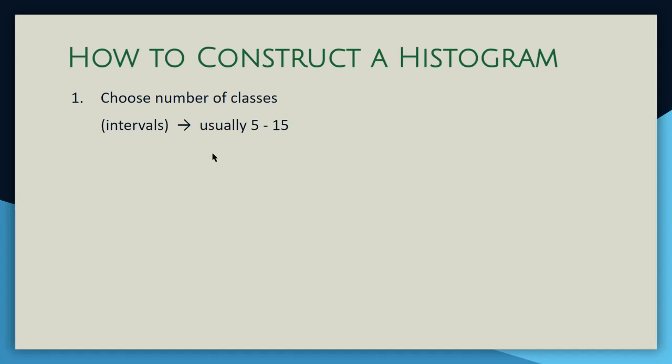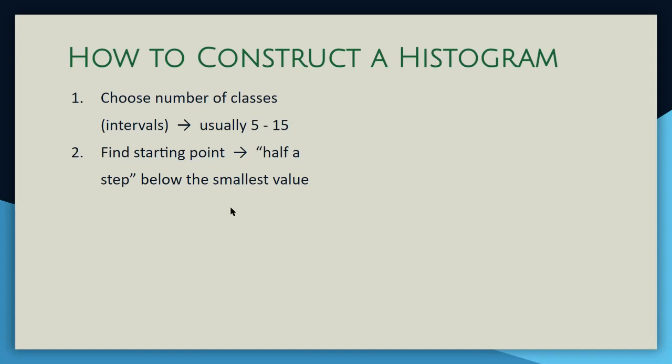Another thing to consider when you're choosing the number of classes is we want to take our data and split it up into a nice even number of intervals. So if you know how wide your data is to start with, you might want to choose your classes so that it fits evenly into that range of data.